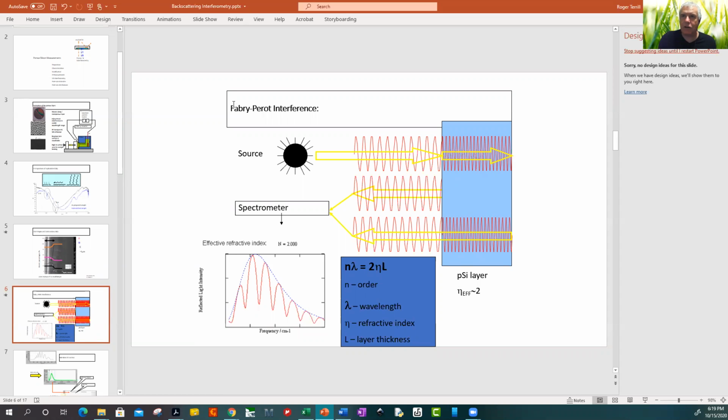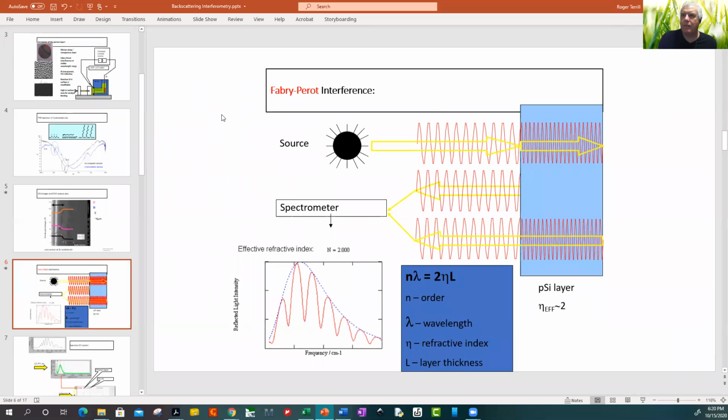So this is called a Fabry-Perot interferometer, right? And it's called Fabry-Perot because everybody wants to get their name on an optical instrument. It's the same as a backscatter interferometer. Fabry-Perot did it in the 1700s or something. They looked at soap bubble films.